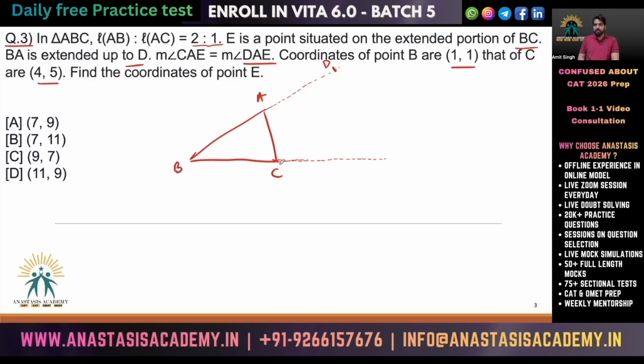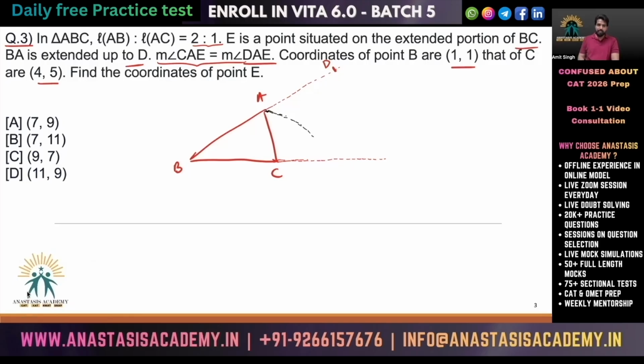Because it is given that the measures of CAE and DAE are equal. This line actually gives you the information that this angle DAC is bisected, right? So this is the external angle. We need to draw the external angle bisector of this angle. So I am drawing the external angle bisector.